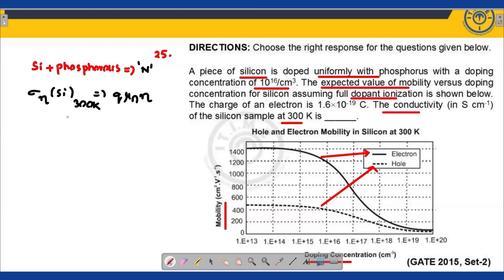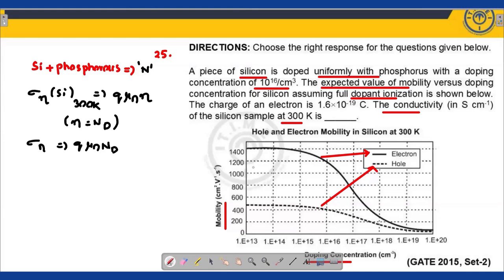But here n equal to Nd. So the conductivity is equal to q into mu n into Nd. Nd is given over here.